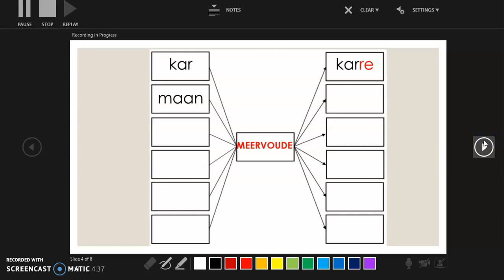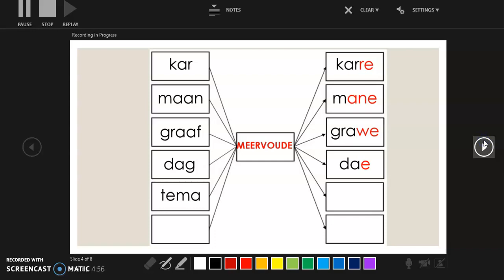As jy sê daar is een maan, maar daar is baie maane. Een graaf, baie grawe. As jy praat van een dag, kan jy sê daar is baie dae. Een tema, baie temas. Een meeu, baie meeuwe.